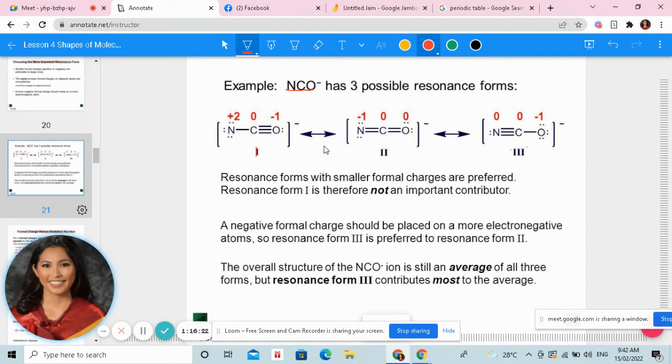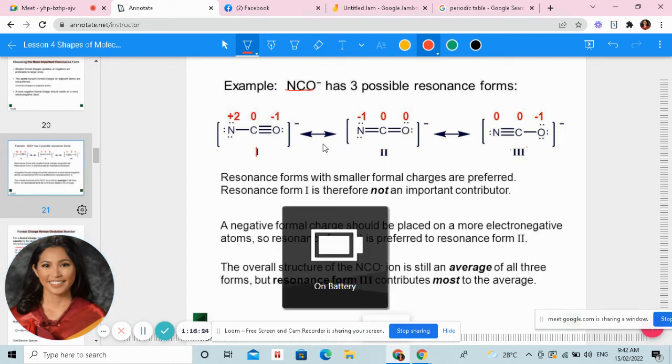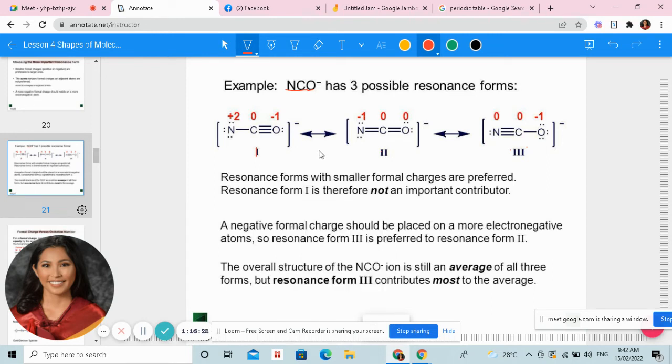For resonance structures, neither of the two or three structures is most correct, because the most accurate one is the average of the three.